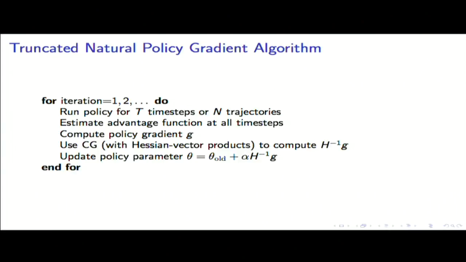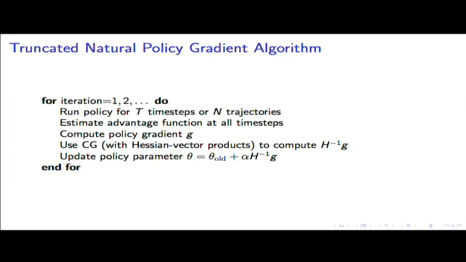Okay, so this can be called the truncated natural policy gradient algorithm. The way it works is, you run your policy to collect time steps or n trajectories. You estimate the advantage function at all time steps. Then you compute the policy gradient.